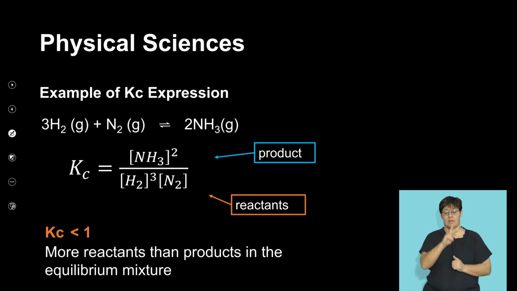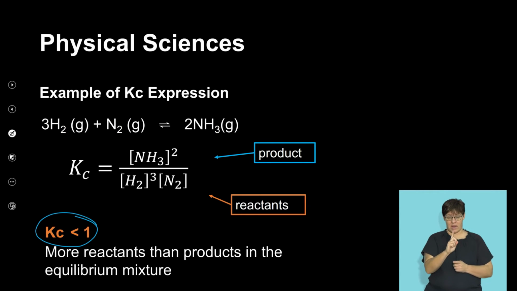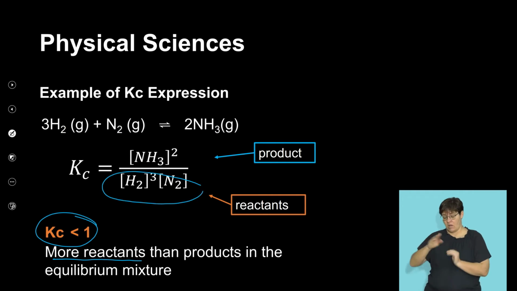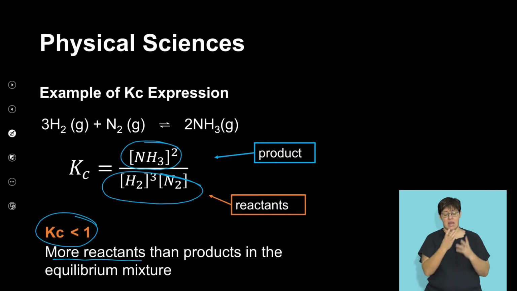For Kc, because Kc gives us an idea of the yield, when Kc is smaller than 1, we always say there are more reactants than products. I always say the denominator is big and the numerator is small, so this division will always give a number smaller than 1.